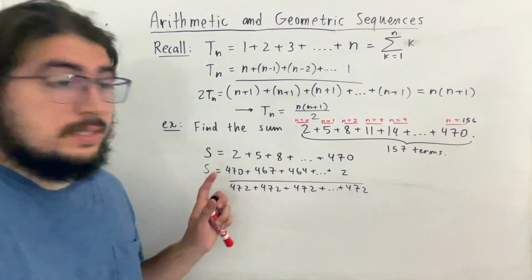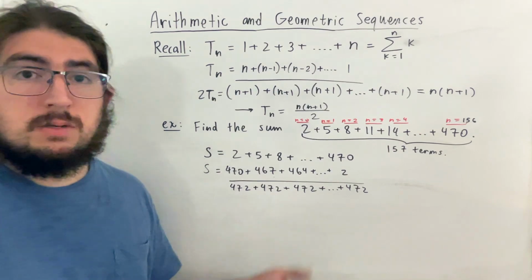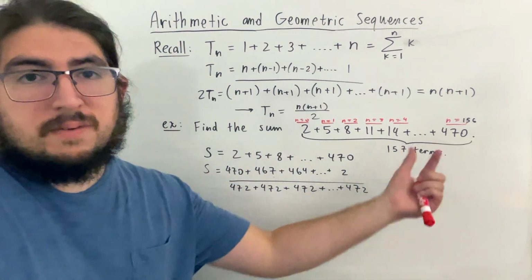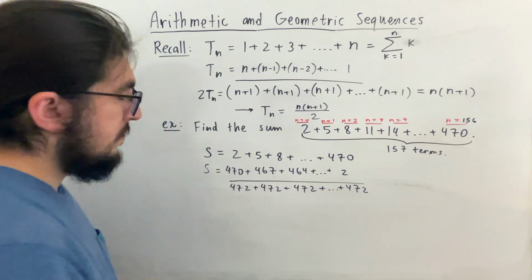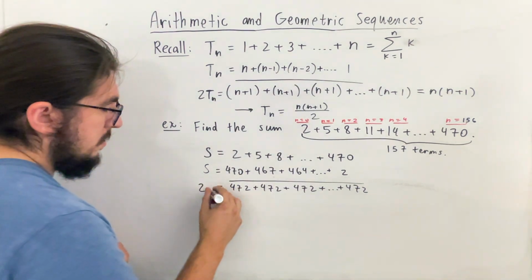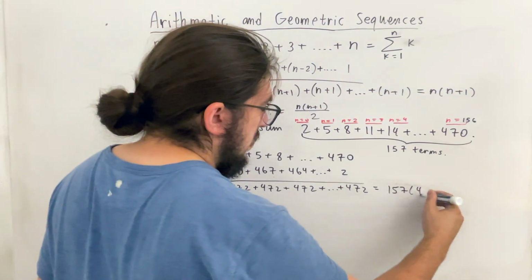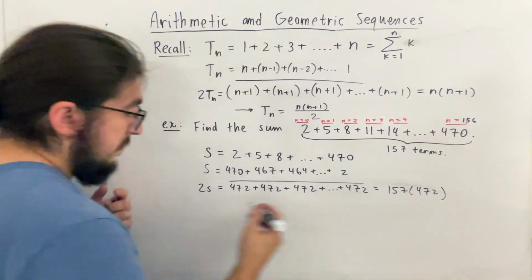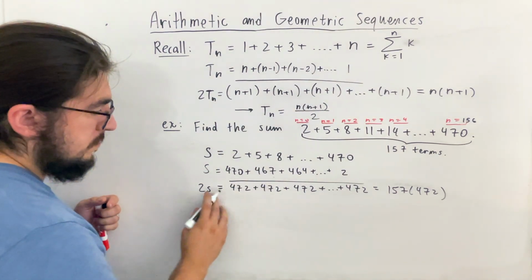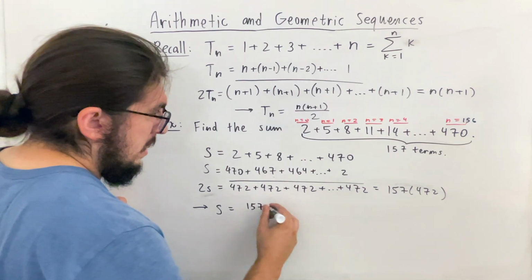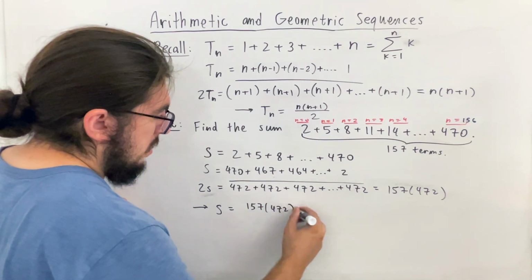So in reality, this term that's added to itself that many times is just the sum of the first and last term. When I say first term, I mean the 0th term here. Okay, so that's 2s, and we know there are 157 of these things. So then finally just divide by 2. We get S is equal to 157 times 472, all divided by 2.